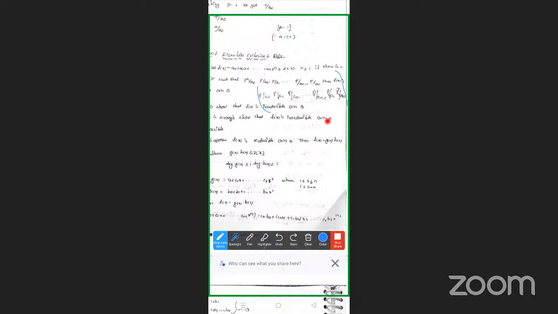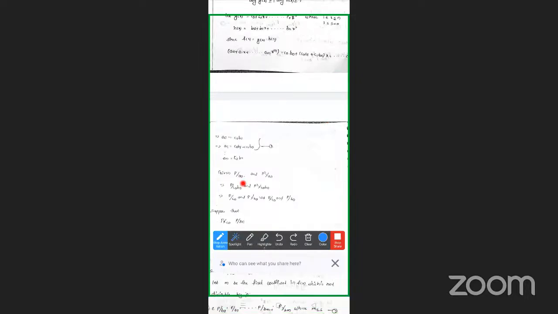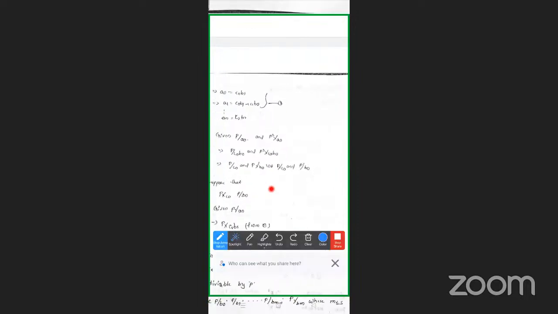So using this condition, first one, p divides a naught and p square does not divide a naught. In place of a naught, we substitute c naught into b naught, so p square does not divide c naught into b naught. So this can be written as p divides c naught and p does not divide b naught, or p does not divide c naught and p divides b naught.